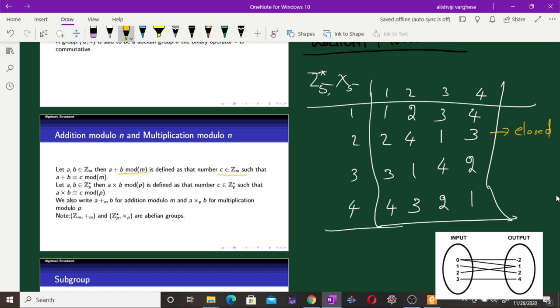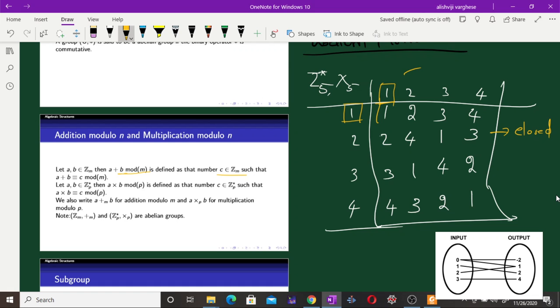Then the row here corresponds to the element 1. The entries repeat 1, 2, 3, 4. So the identity element here is 1. So there exists an identity element, and the identity element is 1. And to check whether it has an inverse for all of its elements, we check whether the identity element is present in each and every column and row or not.